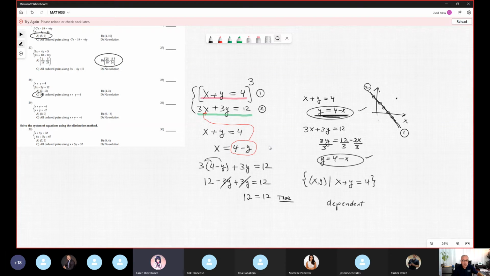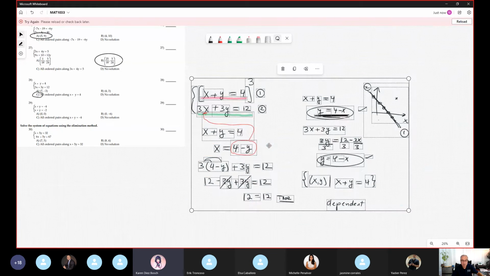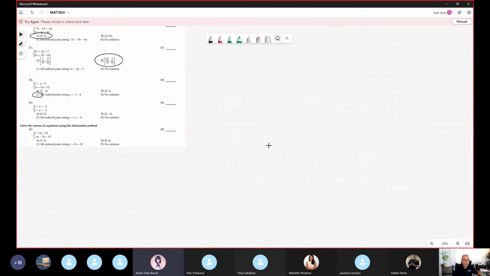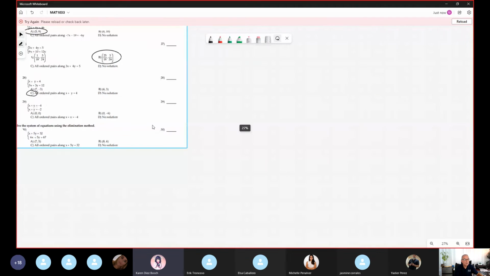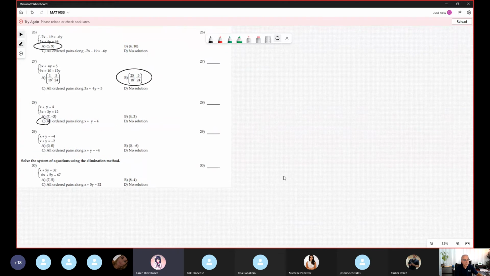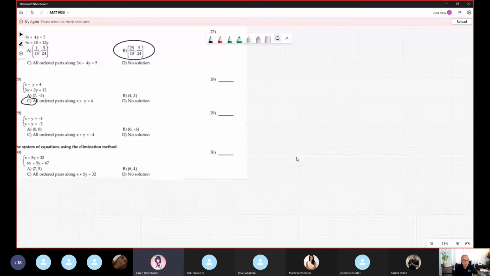Let's move on to the 29, which is special also, but different. Look, in the 29, I can see, wow, something is weird, because x plus y is equal to 4, equation 1, and x plus y again, by the way, is the same expression, x plus y equal to -2.